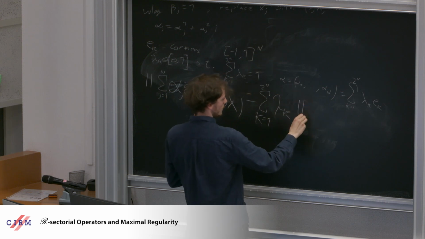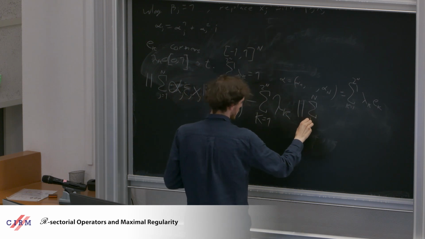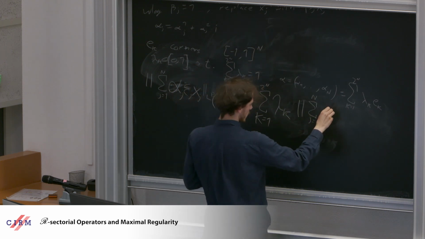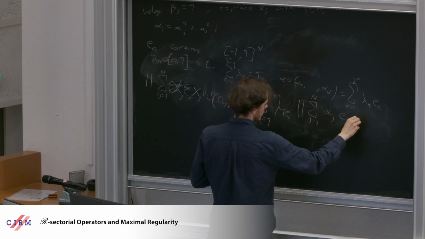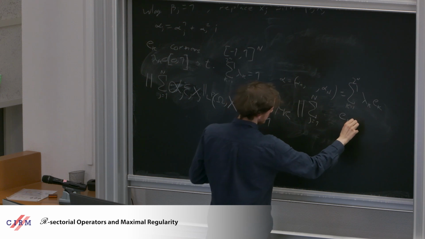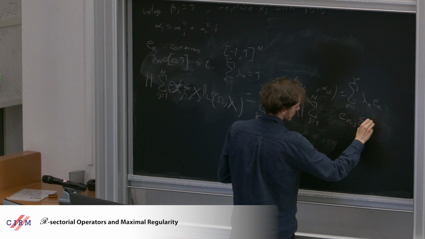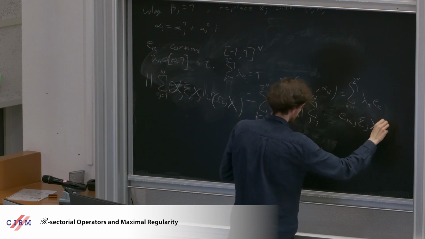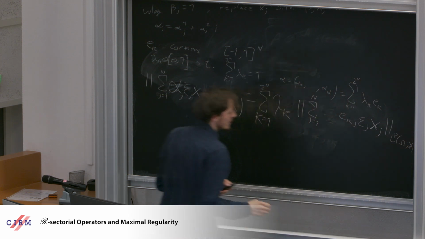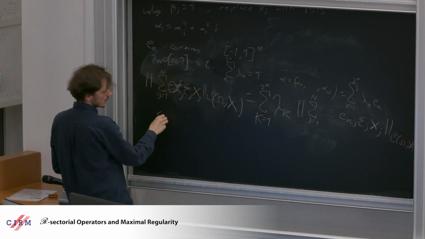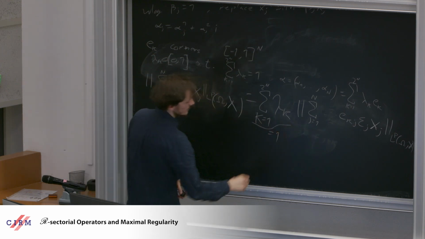Yeah, alpha j, ek. No, alpha j. So ekj, the jth projection of ek, and then the Rademacher variable. And then you just apply that this is 1. And then we're done.